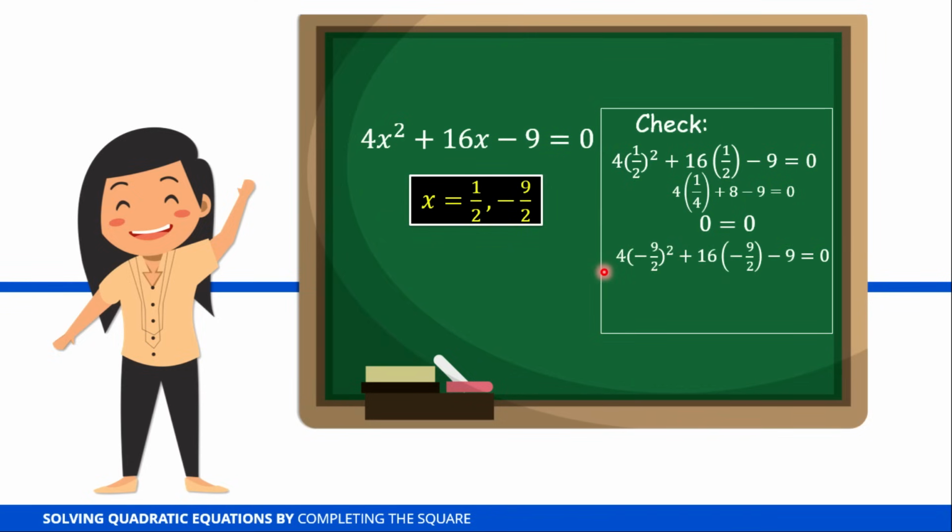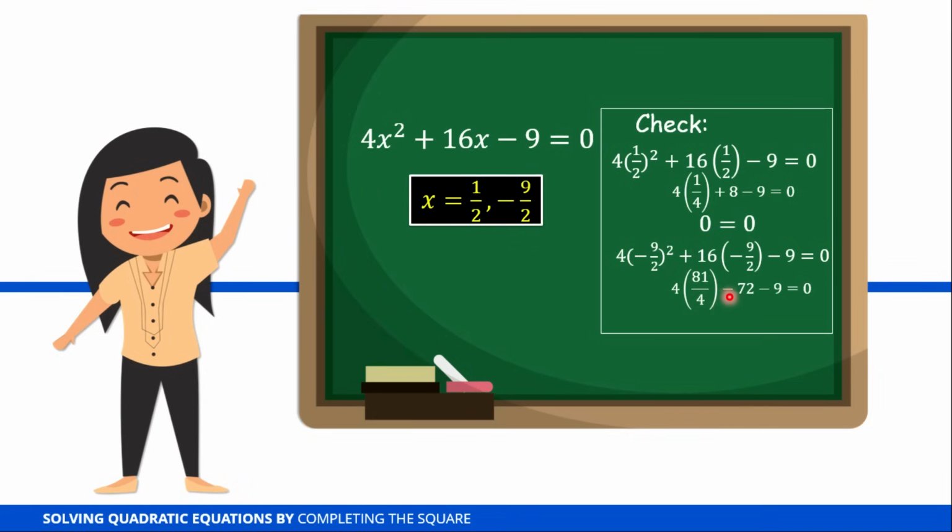Next, let's substitute negative 9 over 2. This will be the resulting equation. Let's simplify that. 81 over 4 came from negative 9 over 2 times negative 9 over 2, because we squared it. Then, let's simplify. We multiply 16 by negative 9 over 2, and the result is negative 72. Let's simplify our equation. We have 4 times 81 divided by 4, and the result is 81.